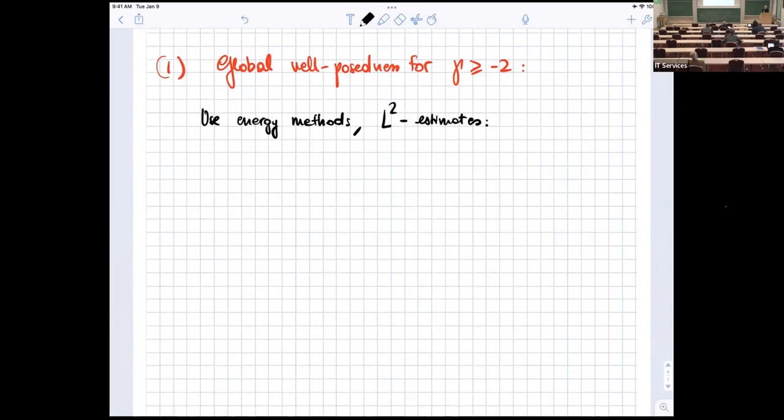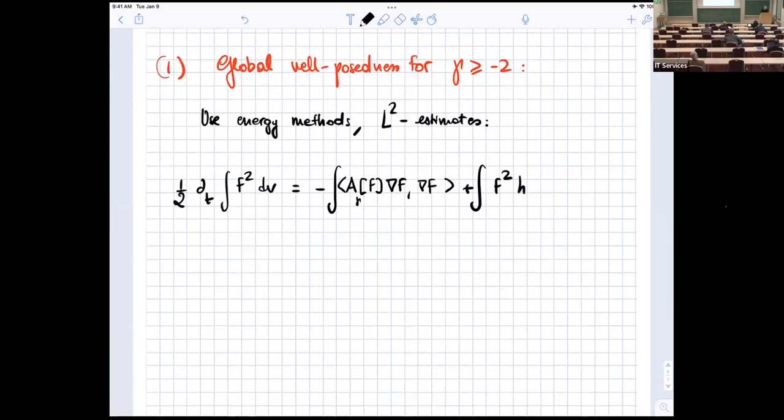To do that, we take the equation, multiply by f, integrate by parts, and so on. After a couple of lines, we arrive at something like this. I have the derivative of f squared on one side. Then we have the diffusion term, the coercive term, the good term. And then we have the reaction term, which I call now h of gamma.